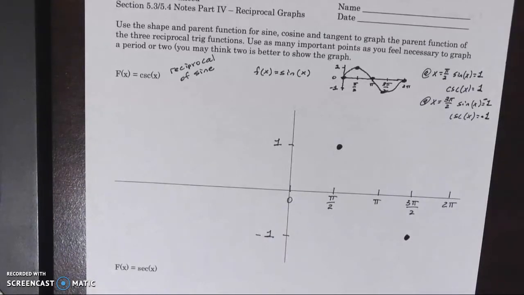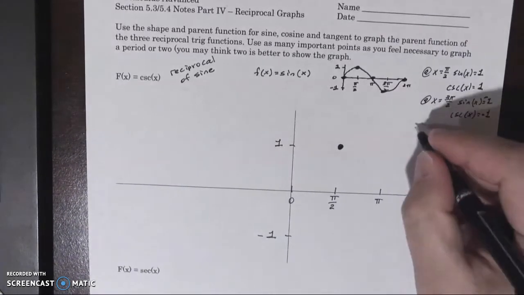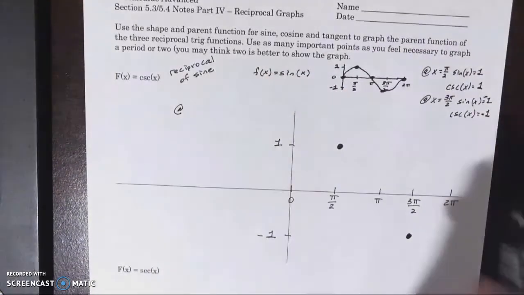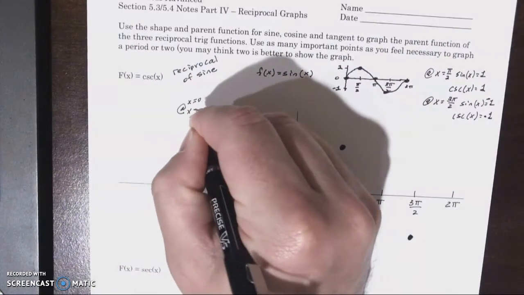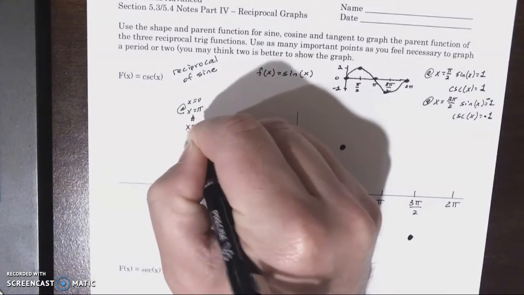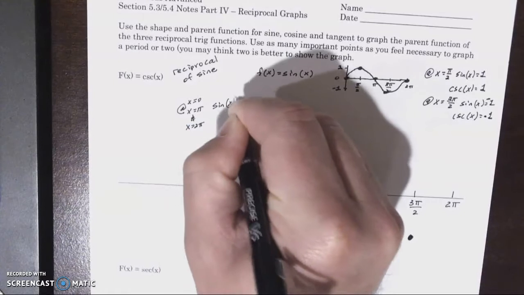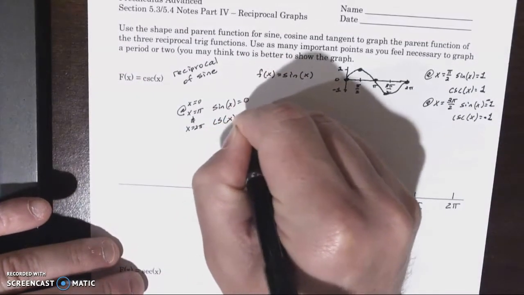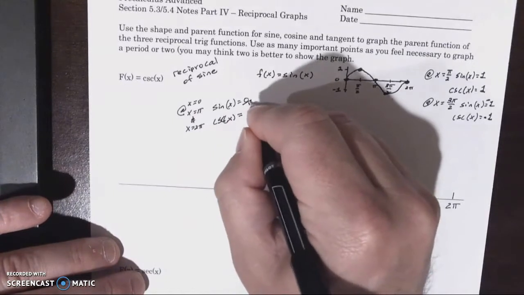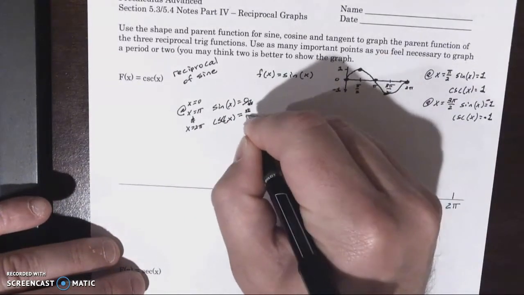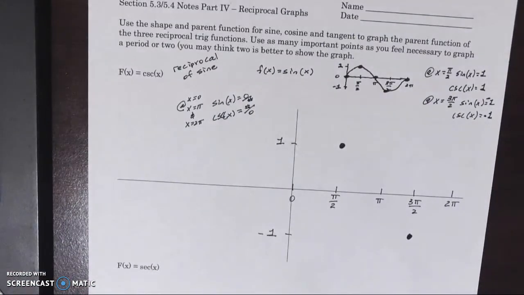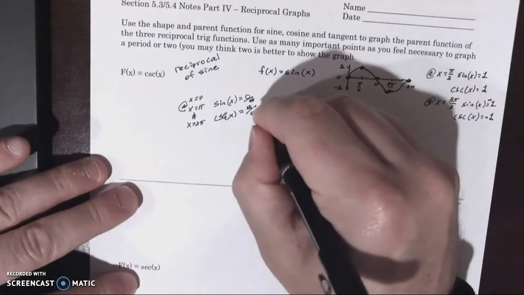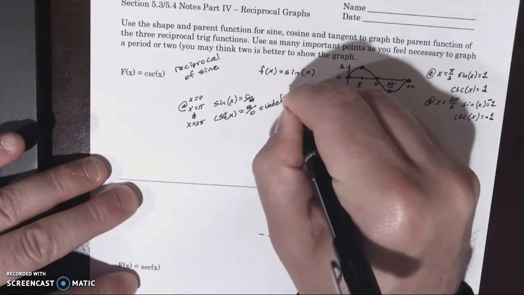All right. Now, what happens at the zeros? At x equals 0, x equals pi, and x equals 2 pi, sine of x is 0. Well, if cosecant, again, is the reciprocal of sine, 0 over any number is 0. That would mean we'd have some number over 0 for the cosecant, because that's a reciprocal of sine. We know that we can't divide by 0 in math.